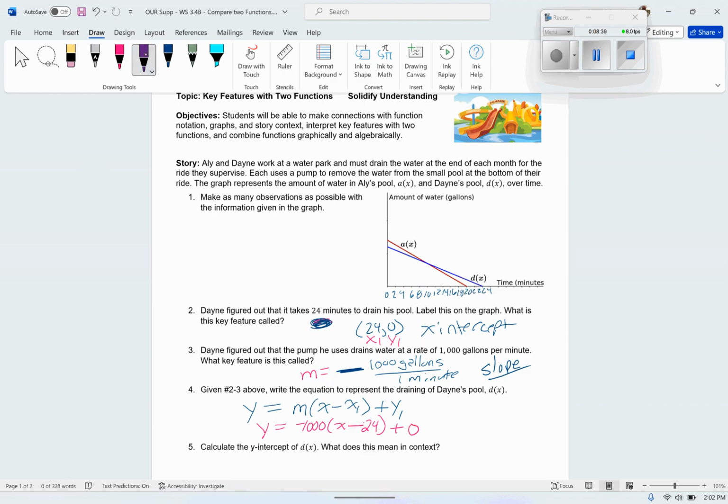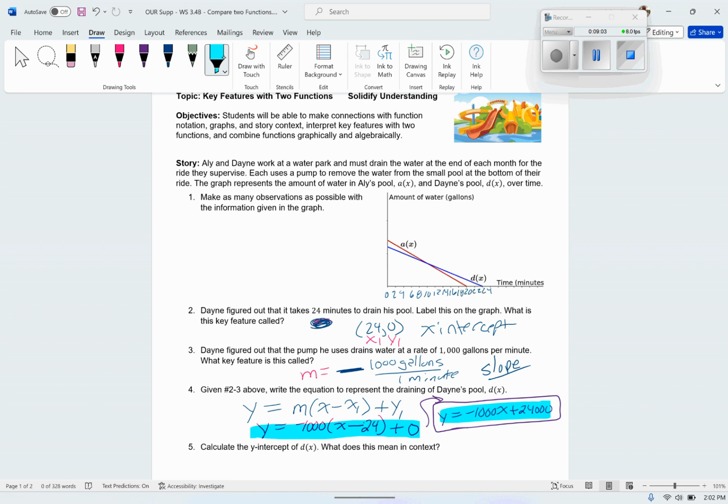So I think we could start breaking this down a little bit. See if you can catch what I did here. How did I go from this equation here to this equation here? What do you think I did? Yeah, I distributed the negative 1,000.